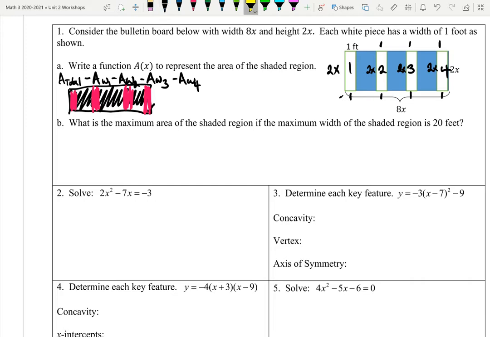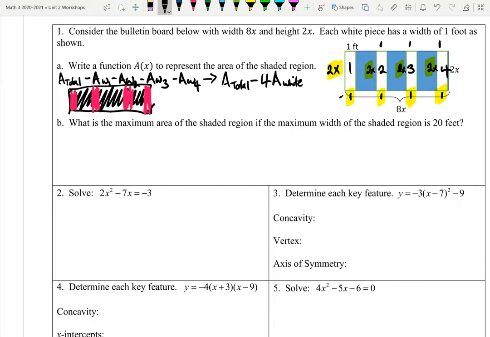Notice, in each instance, 2x times 1 is going to result in 2x. So I'm going to simplify this. Basically, it's going to be the area of my total minus 4 times the area of the white rectangle.